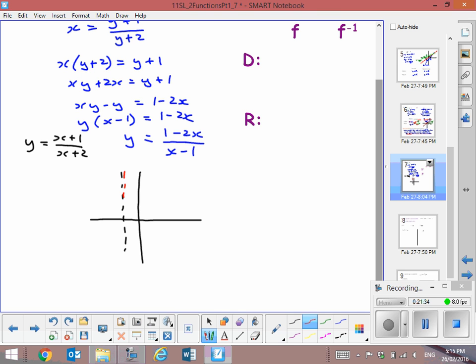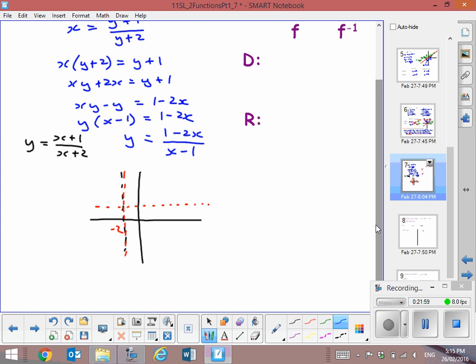Let's go red. X equal to minus 2 is our vertical asymptote because of the denominator, and our horizontal asymptote is going to be at y equals 1 because of the x in the numerator and the denominator.